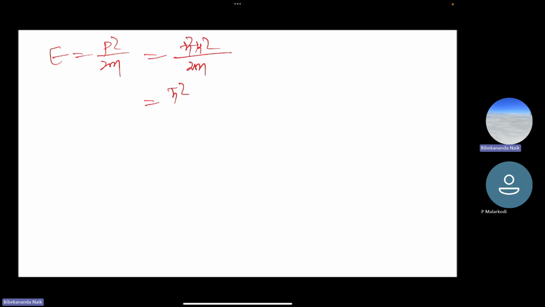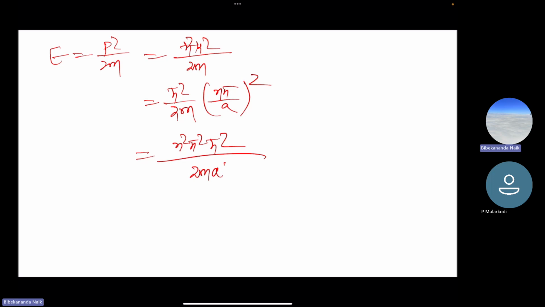With k equal to n pi by L, it will be n square pi square h cross square by 2m L square.